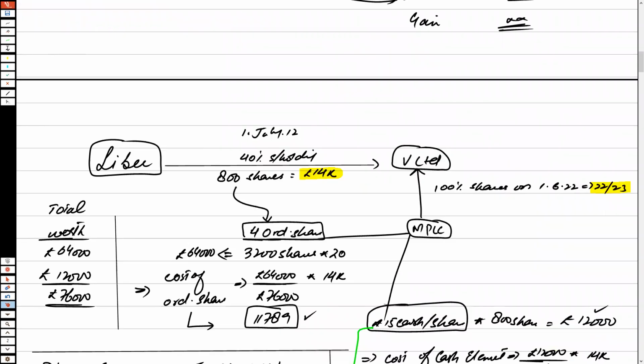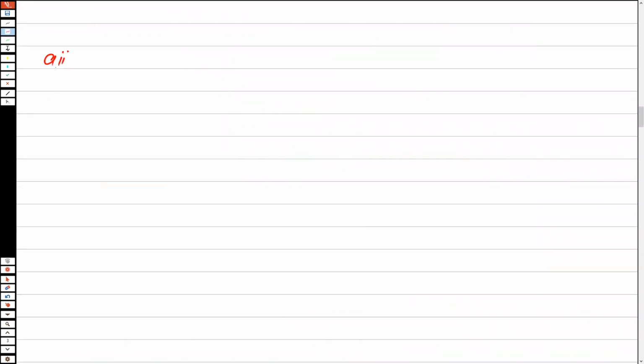Let me mark here. We discussed part A1 of the question. Now it's time to discuss part A2 of the question. I'm just marking the heading and giving you time to plan your answer and calculate a few things on your own. If you dispose on 1st May 23, it will fall in the fiscal year 23-24.